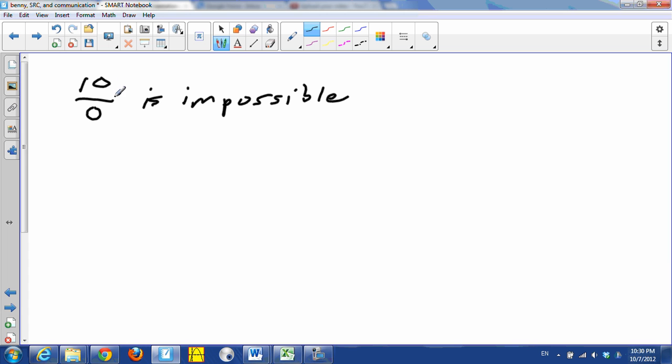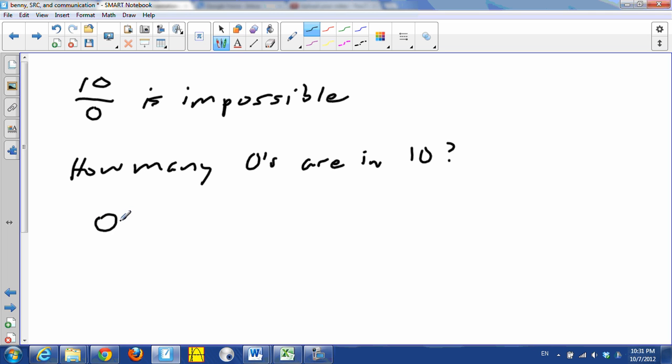We're asking here 10 divided by 0. We're asking how many zeros are in 10. In other words, we're asking if we take 0, how many zeros?